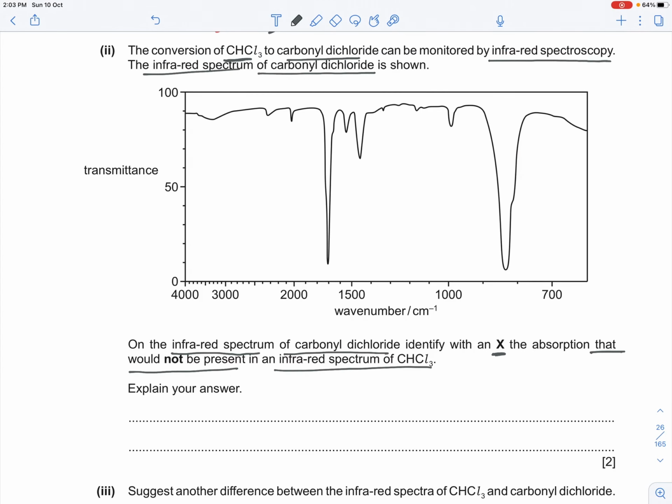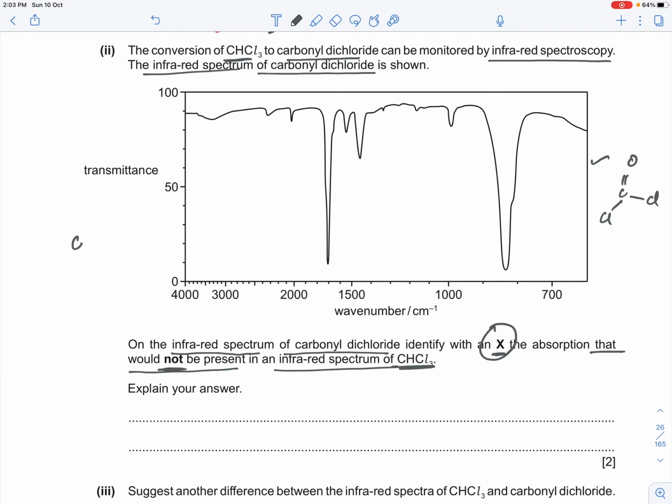So this is the infrared spectrum of carbonyl dichloride, and they're asking us to identify with an X the absorption that would not be present in the infrared spectrum of CHCl3.